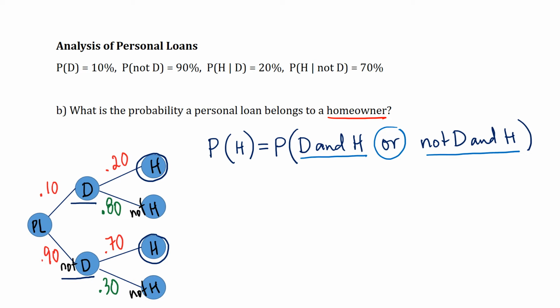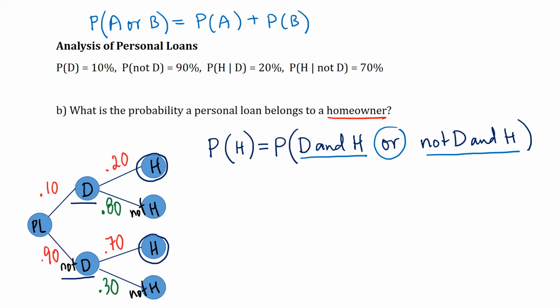So what is the law that we apply when the events are mutually exclusive or disjoint, and we want to find the probability of the union of those two events? So probability of A or B is equal to probability of A plus probability of B.